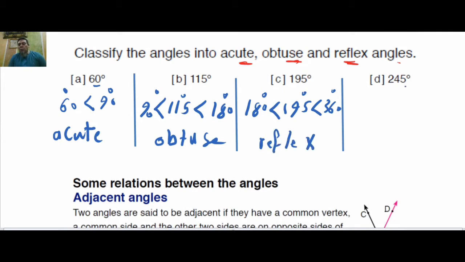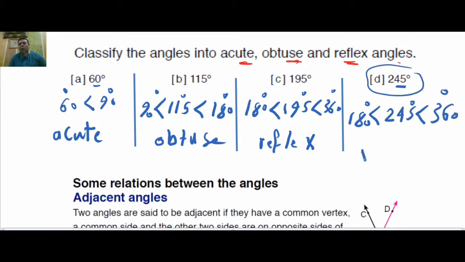The angle of measure 245, we note that 245 is greater than 180 and less than 360. So the type of this angle is reflex angle, as the angle of measure 195. Reflex angle and reflex angle.